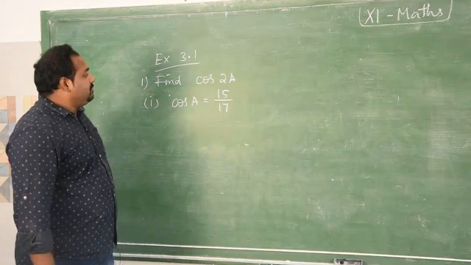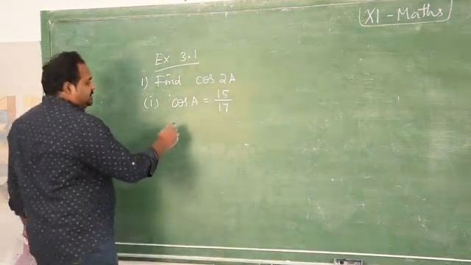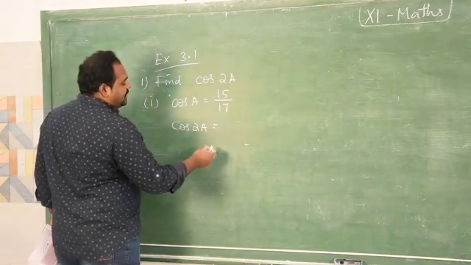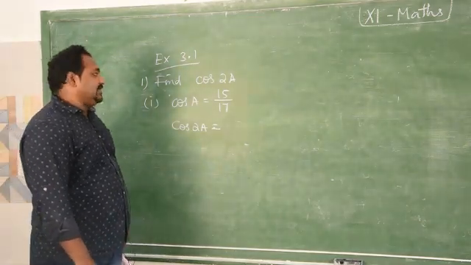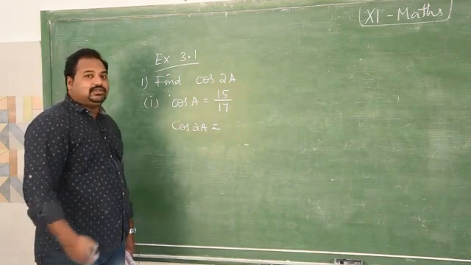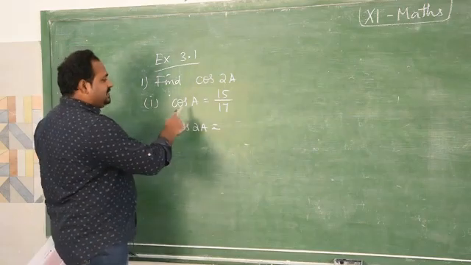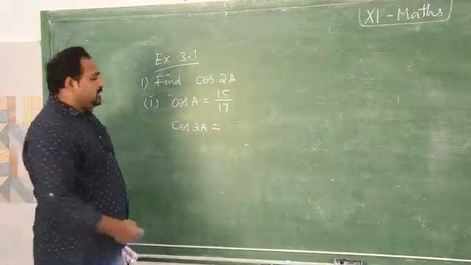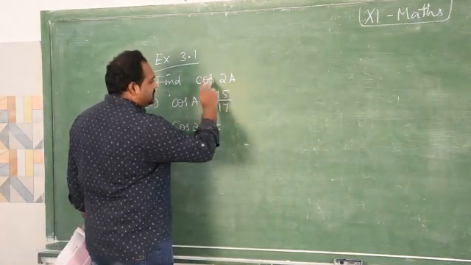Here I am going to use the formula studied just before for cos 2A. We have several formulas. We have 4 formulas: cos square A minus sin square A, second one 2 cos square A minus 1, third one 1 minus 2 sin square A. But here the cos A value is given, which is useful to find cos 2A.